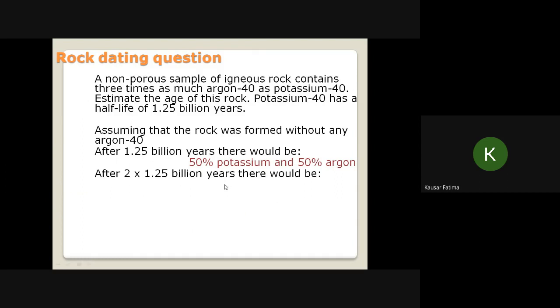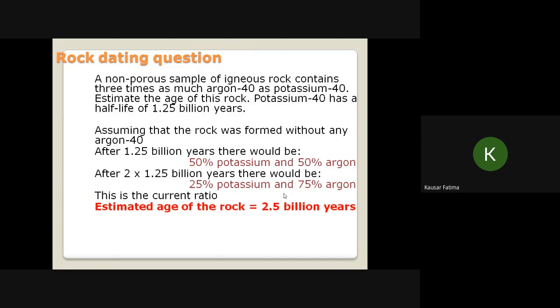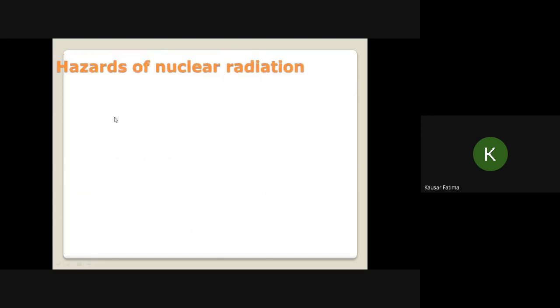After two half-lives, there will be 25% potassium and 25% argon, and if we add that 25% argon to the 50% argon, the total is 75% argon, and now 75% is 3 times greater. It means how many half-lives have passed? 2 half-lives. So how many years? 2 times 1.25 means 2.5 billion years have passed, and now the proportion is that argon-40 is 3 times greater than potassium-40.